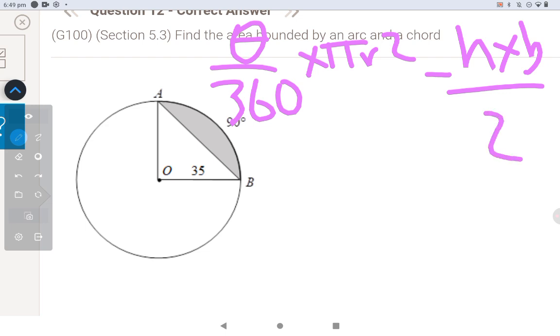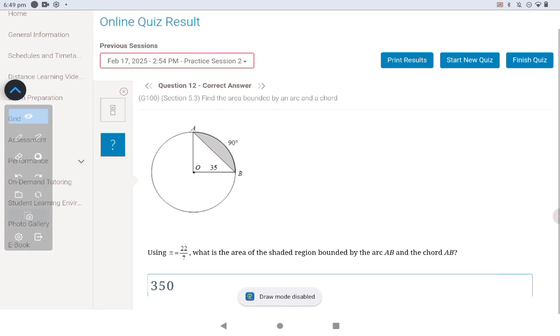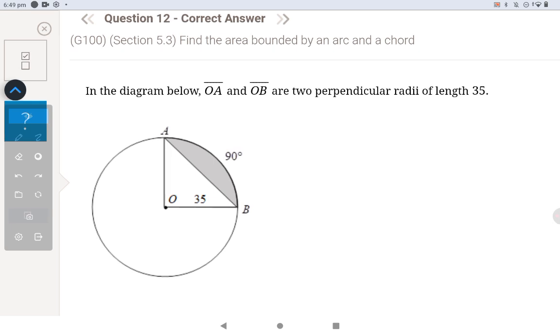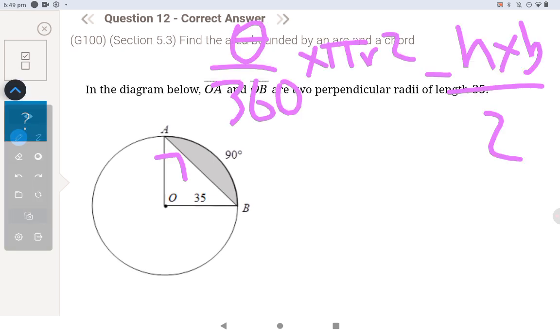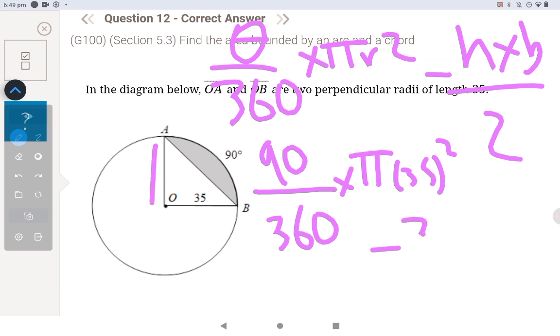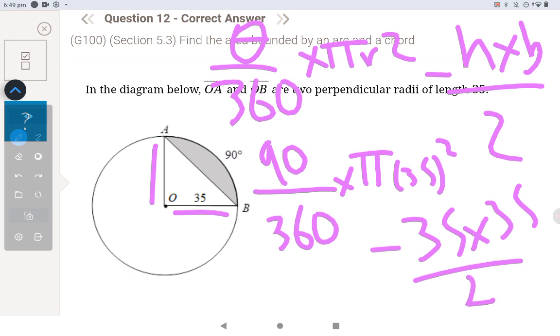Now theta over 360, this is a right triangle. Yes, it is a right triangle because it's perpendicular radii. So we can say 90 over 360. We know the radius is 35, so times pi times 35 squared, minus height, which is going to be this one, the radius 35, 35 times base, which will also be 35, over 2. All that, put it in your calculator.